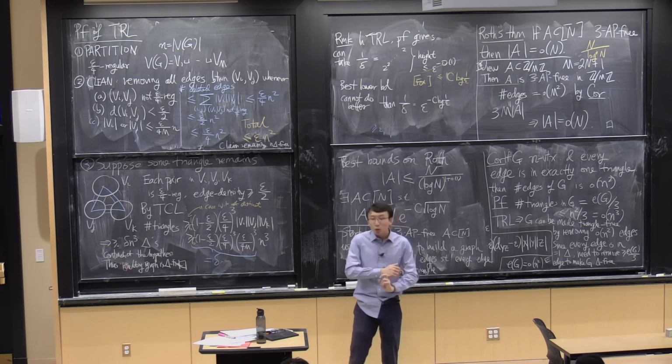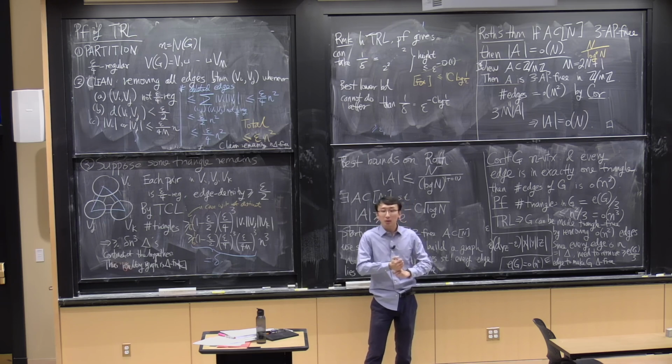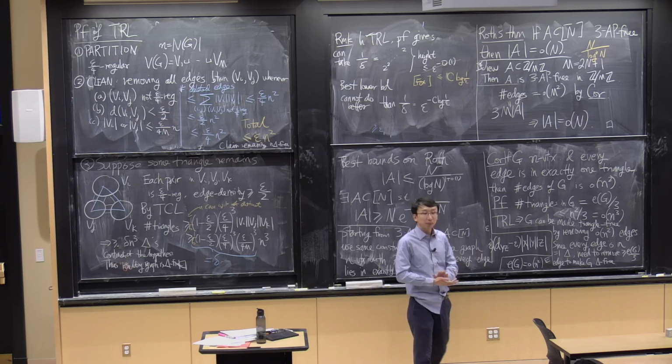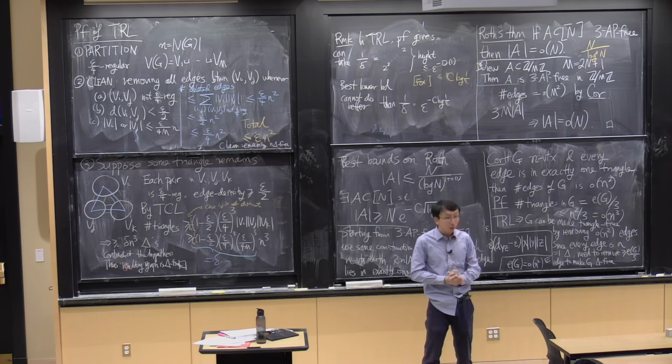And then I'll also mention, although not prove, some extensions of the regularity lemma to other settings, such as to hypergraphs. What that's useful for is that it will allow us to deduce generalizations of Roth's theorem to longer arithmetic progressions, so proving Szemerédi's theorem.